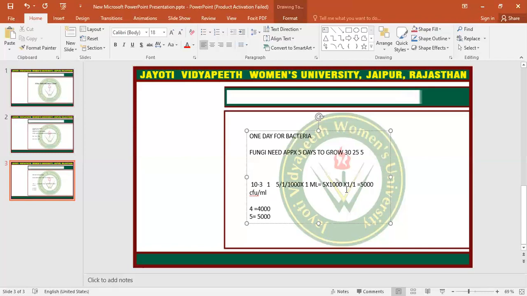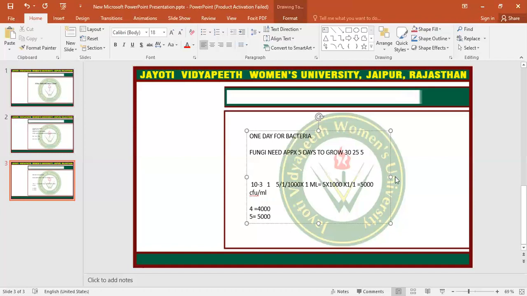So 5000 plus 5000 is equal to 10,000 plus 4000 is 14,000. 14,000 divided by 3 is equal to approximately 4,667. It will be the final result of the number of fungi in a single ml.